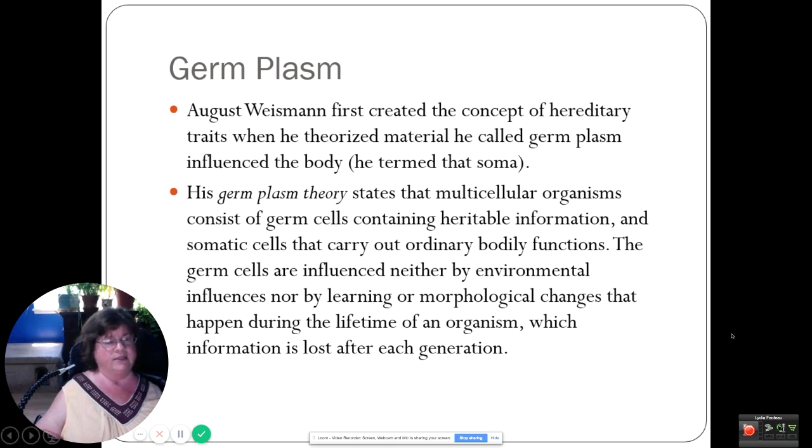So what he's saying there is that germ cells are the information that we carry from generation to generation that helped us survive enough to reproduce. Somatic cells are kind of cells that make us who we are.